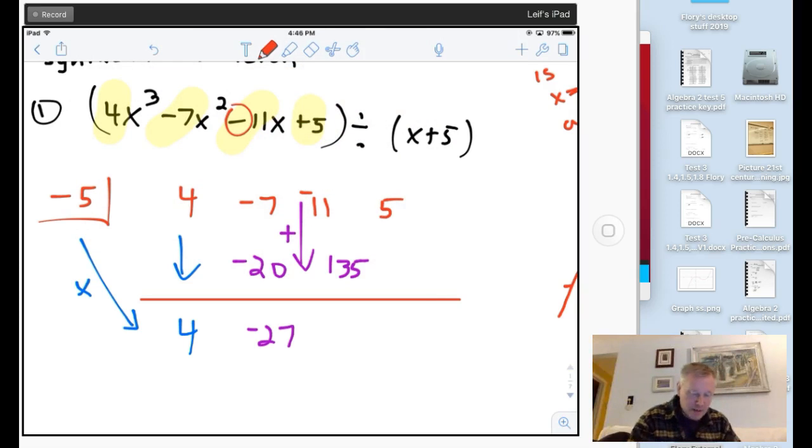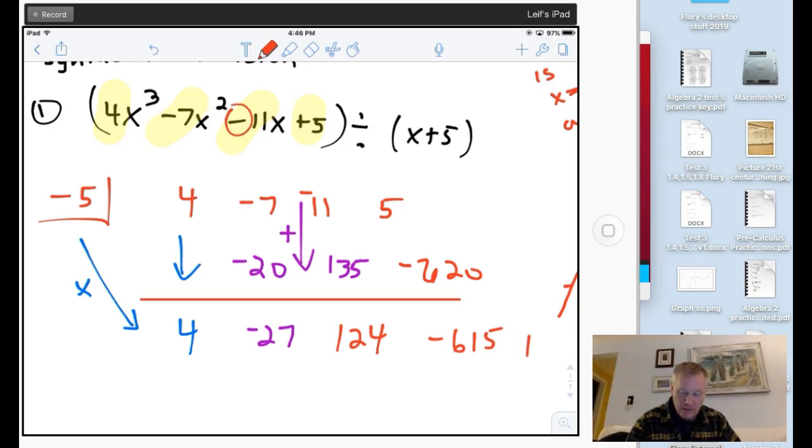And then I'm adding straight down. Negative 11 plus 135 is 124. Then I take negative 5 times 124, and I get negative 620. I add straight down, and I get negative 615. This is the remainder, okay? If you got 0 as a remainder, that meant it went in evenly, okay?